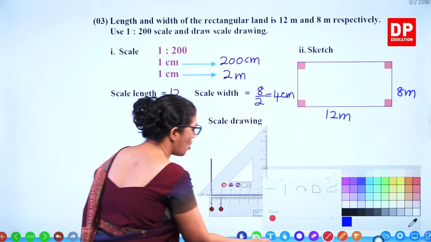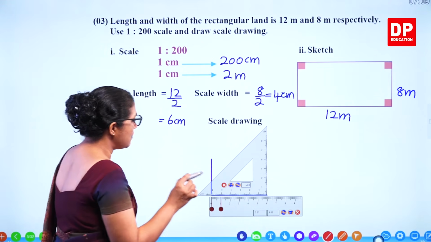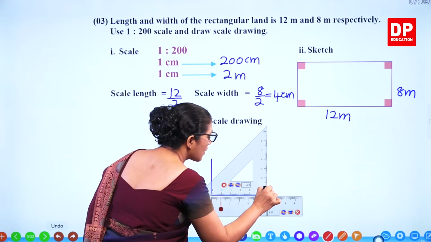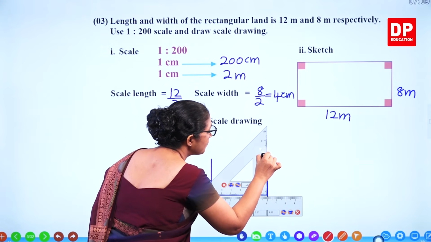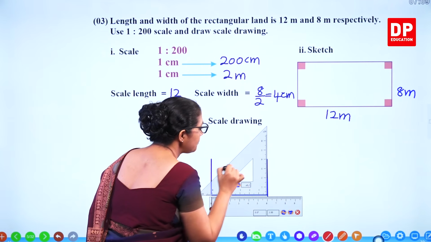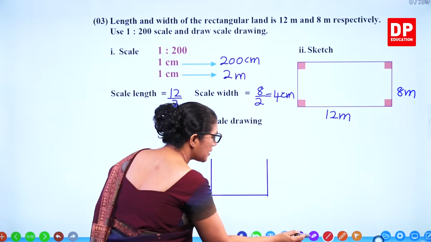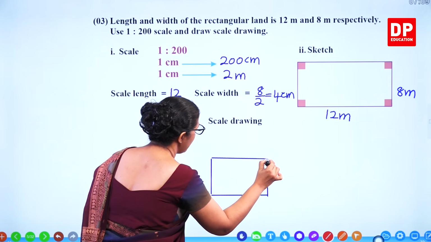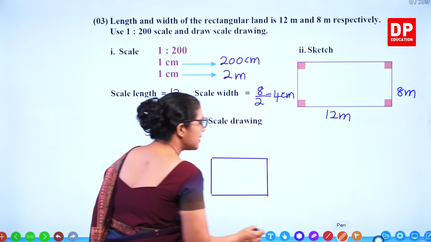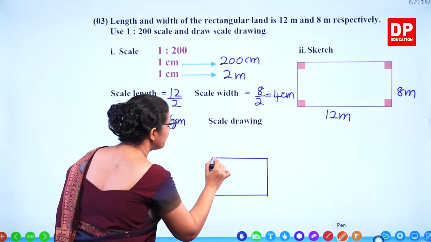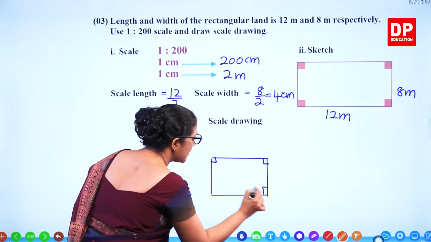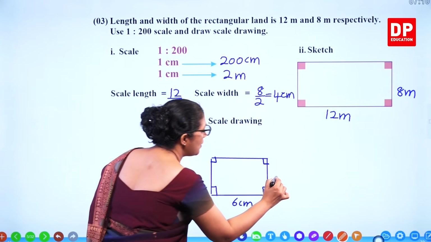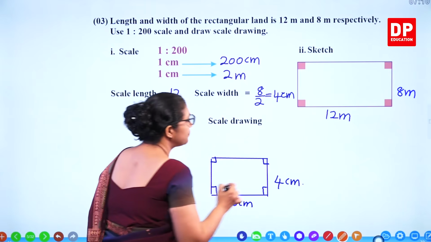Now draw 4 centimeter length here to here. Now you can connect with the ruler, so here to here. So that's the scale diagram. These are all 90 degrees. And the length we took 6 centimeters and here 4 centimeter length.